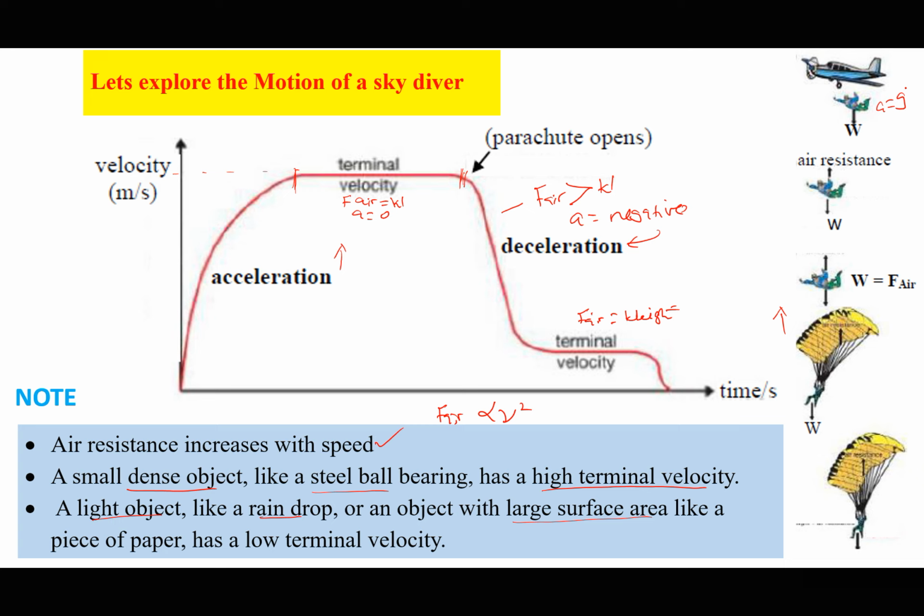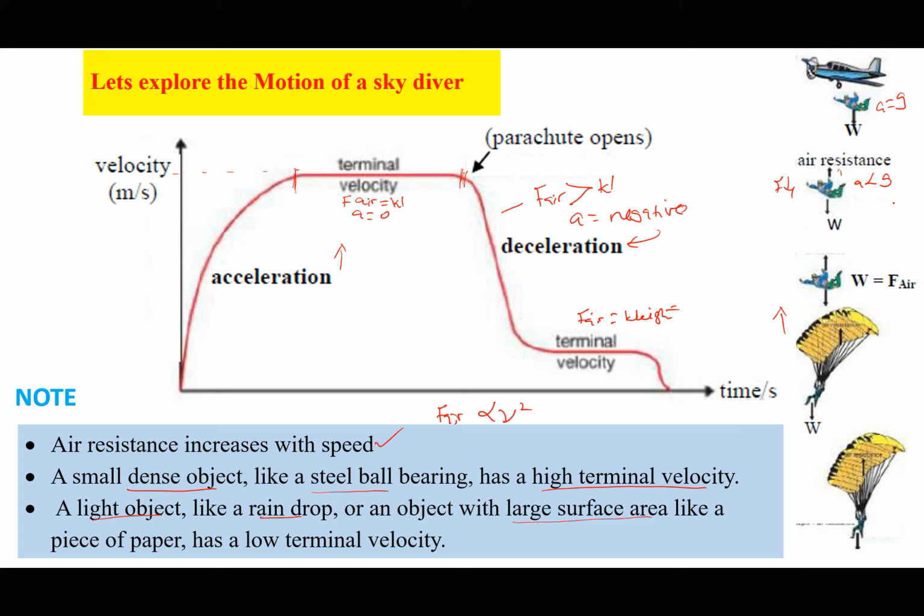As the velocity increases, the air resistance also increases. That is in the second case. So the air resistance has started increasing as the velocity increases, which means the acceleration now becomes less than g. The air resistance also increases, which reduces the net force. The resultant force decreases, so the acceleration decreases in that case.